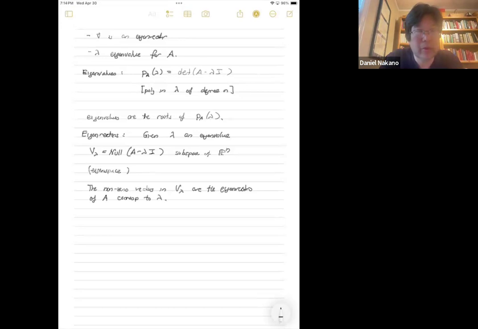And we know how to compute the null space: you just use Gaussian elimination. You're looking at the homogeneous system of equations for A minus lambda I and computing its solutions. We've done that many, many times. All right, any questions on this?